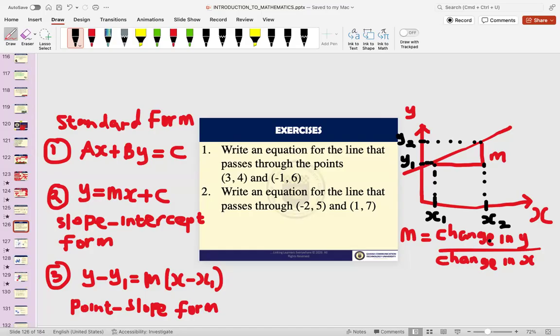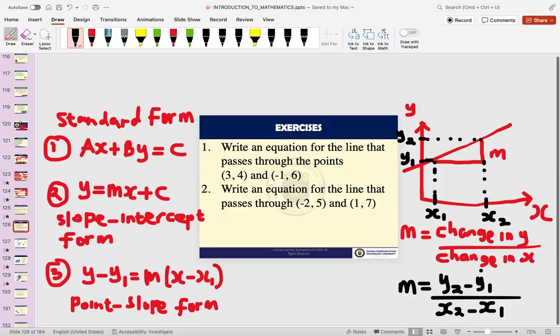So when they say change, change means subtract the smaller one from the bigger one. So the m formula finally becomes: y1 is the smaller one, so you have y2 minus y1 divided by x2, which will be bigger, minus x1.